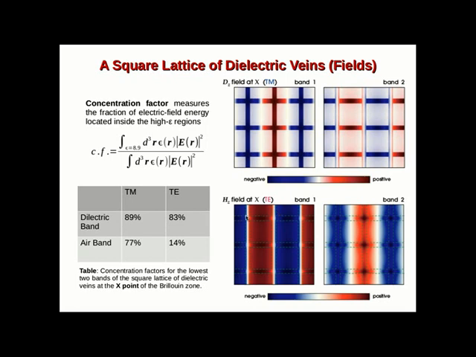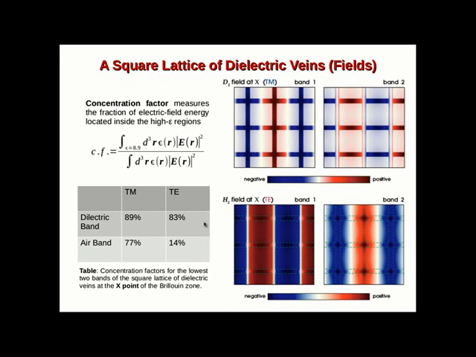In this HZ field plot, the white region, which corresponds to the maxima of the DZ field, lies inside the dielectric region. So the DZ field for band 1 is confined inside the dielectric region, and electric field energy is concentrated there. This is why the concentration factor is high for the dielectric band.